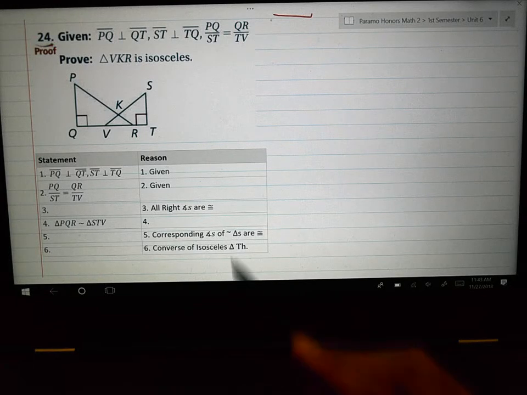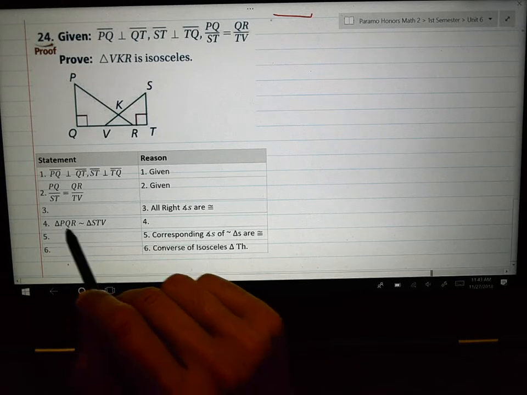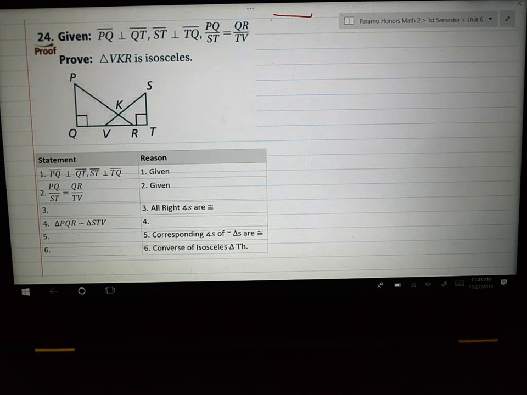But I'm going to start off this proof by saying, yes, I know PQ is perpendicular to QT, ST is perpendicular to TQ, that's given, and PQ over ST is equal to QR over TV, that's given as well. If I'm trying to prove two triangles similar in step 4, I have to use one of those 3 postulates that I had before.